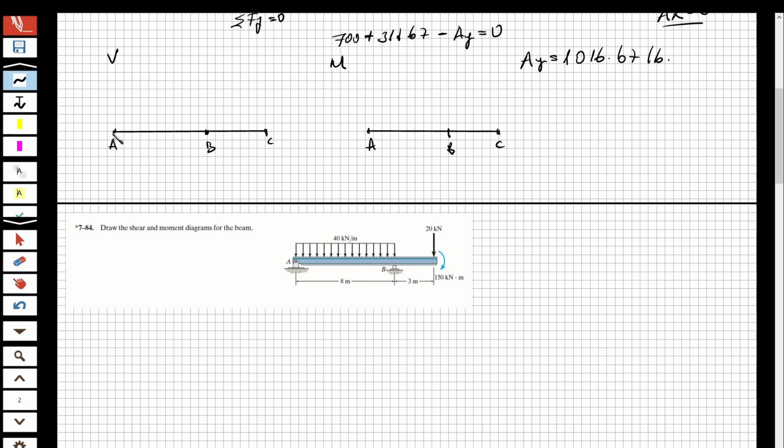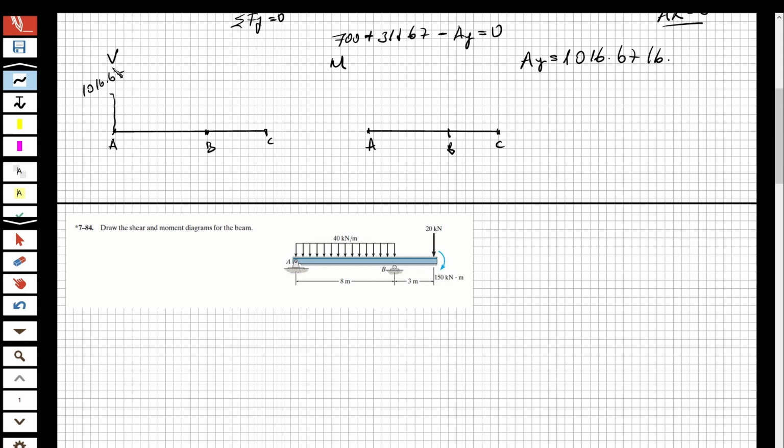At A, I have a shear force in the upper direction as 1016.67. Oh, I'm not good at drawing. Yes, this is better.